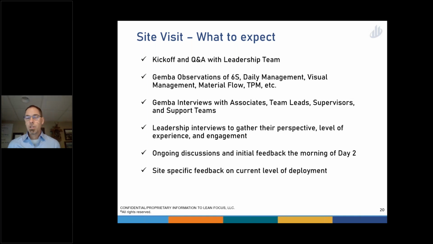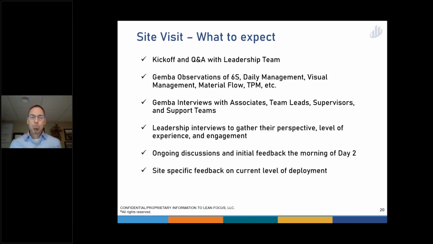All along the process, typically we're walking along with their CI folks and members of their site leadership team. We don't like a large party walking around talking to people, but there'll be plenty of opportunities throughout the 2 days to provide ongoing discussions, coaching, as well as initial feedback that we give during the site assessment itself.